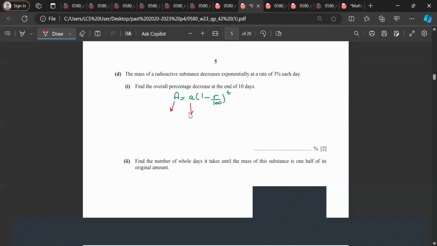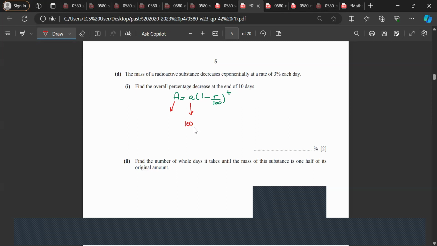Look here. Every time he's asking about what is the substance after 10 days or what is the substance before 10 days. Now, he doesn't ask for a number. He asked for the overall percentage decrease. He's asking it decreased by how much percentage. So I am going to assume that the initial condition was 100%.